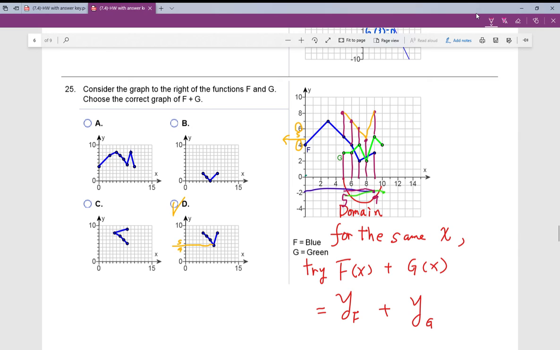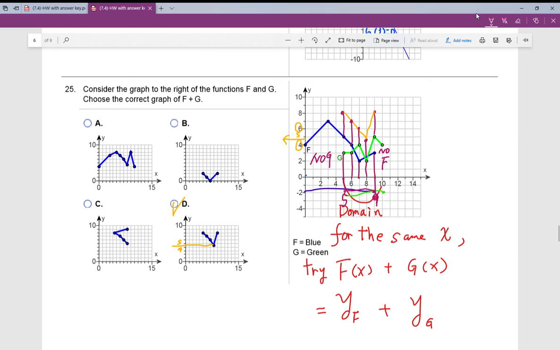You only need to worry about the addition when x is 5 to 9. Other than that, you don't need to worry about it because there's no g here, and there's no f here, so you don't need to add f and g.